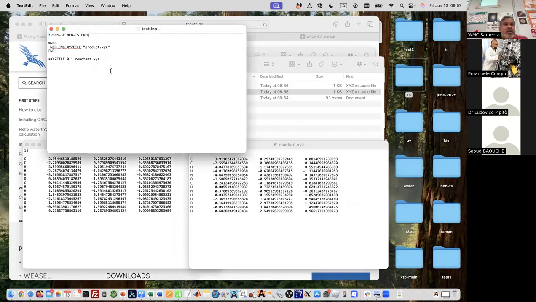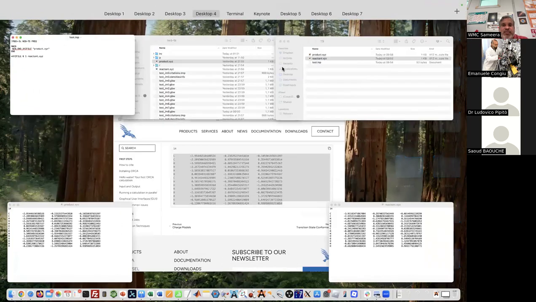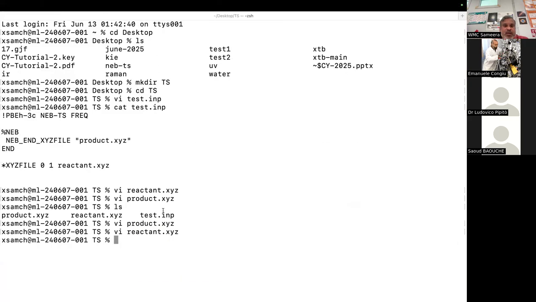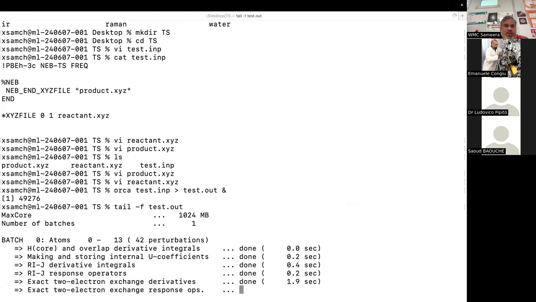So the keywords are okay. Now we can run the calculation. Right, okay, so the calculation is running now.